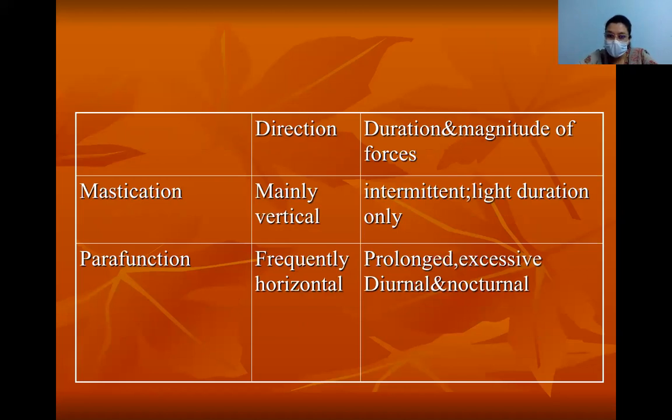The duration and magnitude of forces during mastication are intermittent, and the durations are light. But when parafunction is talked about, the duration and magnitude of forces are prolonged and extensive during diurnal and nocturnal time.